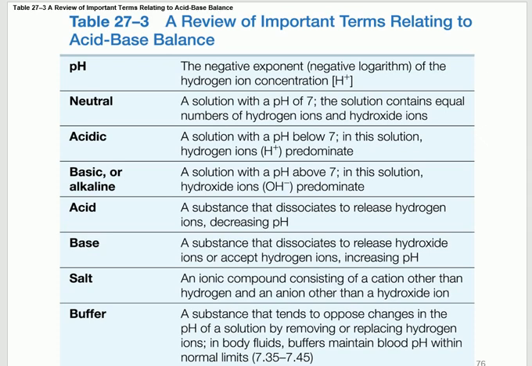The neutral is 7. The other thing that I want you to know is there is a difference between acidic and acidosis. These are two different things. Acidic means not neutral. Like neutral is 7, isn't it? Let's say 7.1.